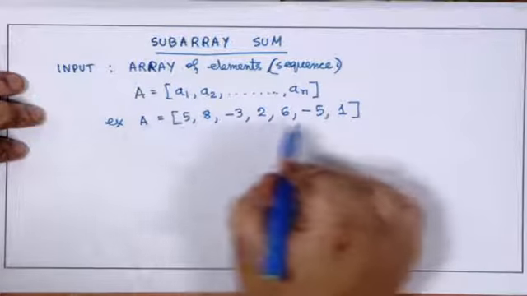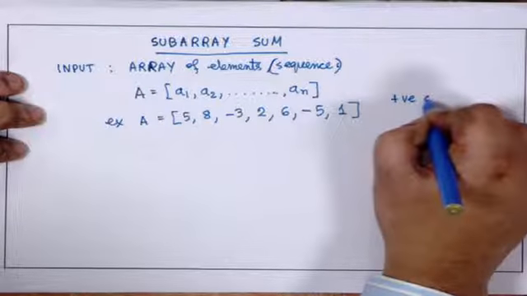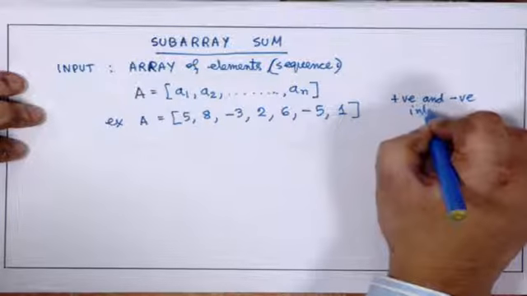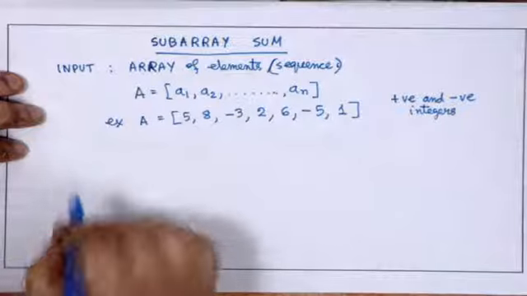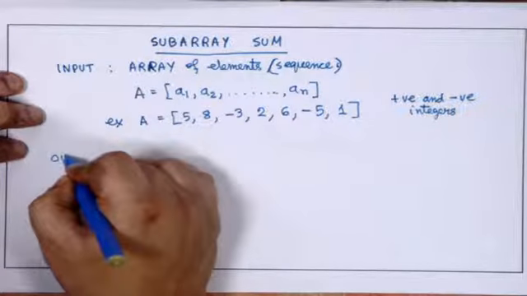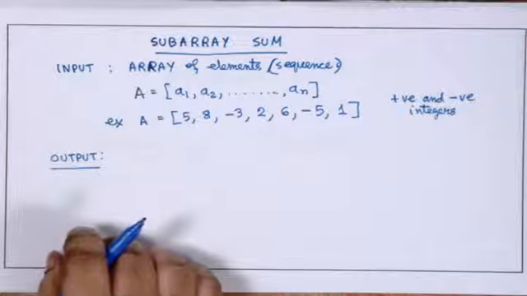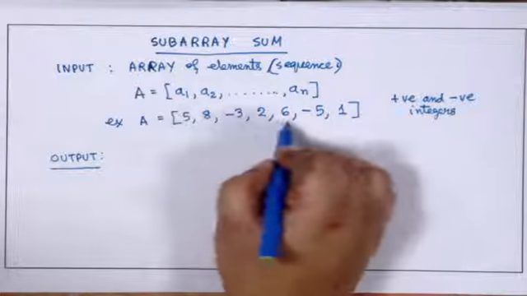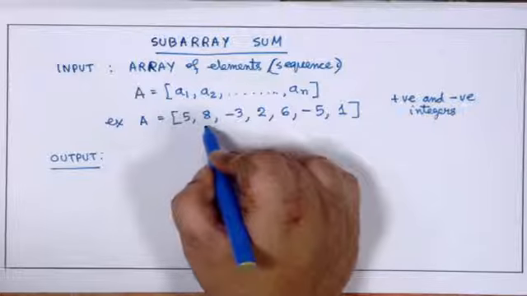So, here again I allow positive and negative integers, and my output says that I want some subarray.